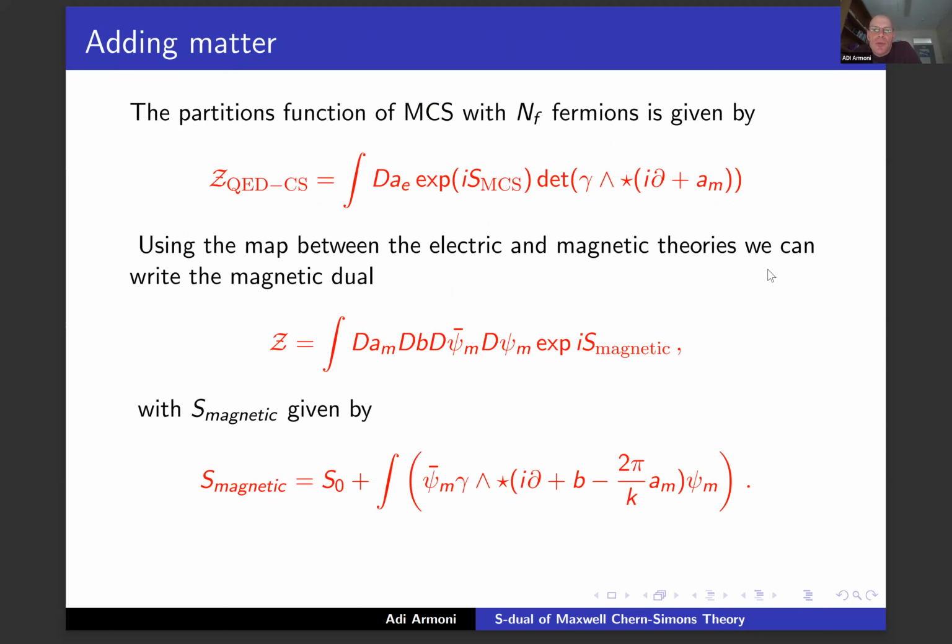I can do the same trick. The issue is that I know the explicit map, and because of that, I'm able to find the dual theory. So even if I couple scalars, because I know how scalars couple to the gauge field, and what happens to the gauge field under the duality, then I can do it.